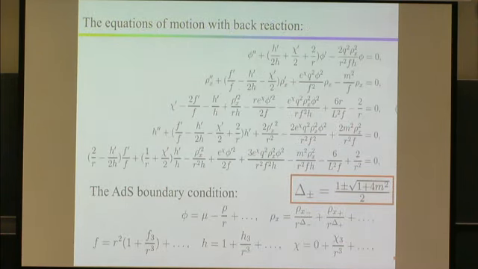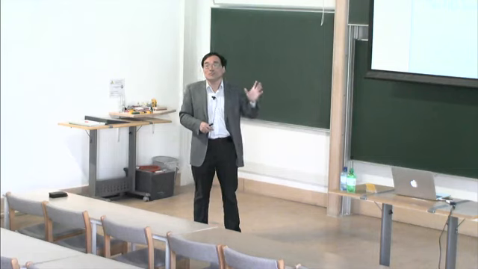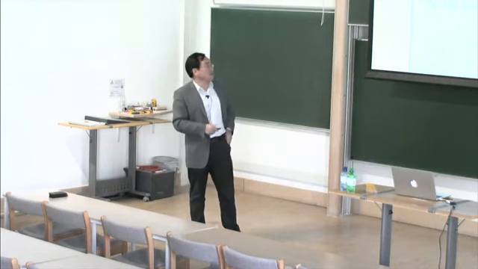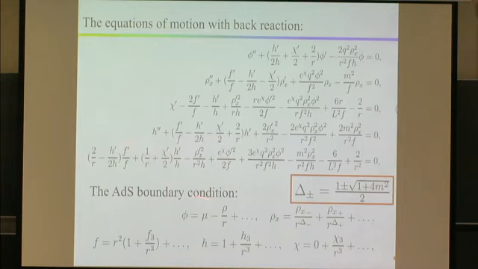So now we numerically solve this equation with suitable boundary conditions. At the horizon, of course, all fields should be finite. Then at the AdS boundary, the electric field behaves like this one. Here mu and rho, according to the AdS/CFT dictionary, can be explained as the chemical potential and charge density of the conformal field theory. For the vector part, we have two terms.